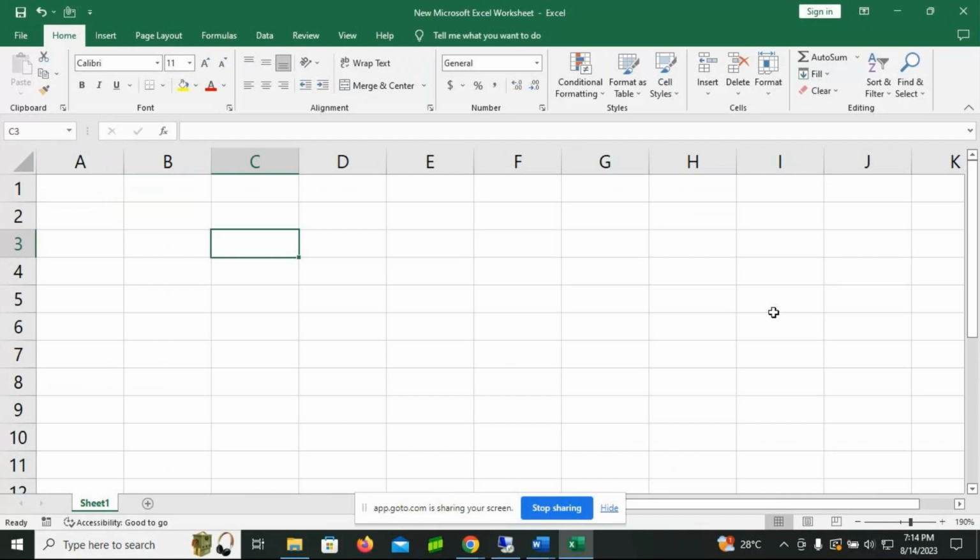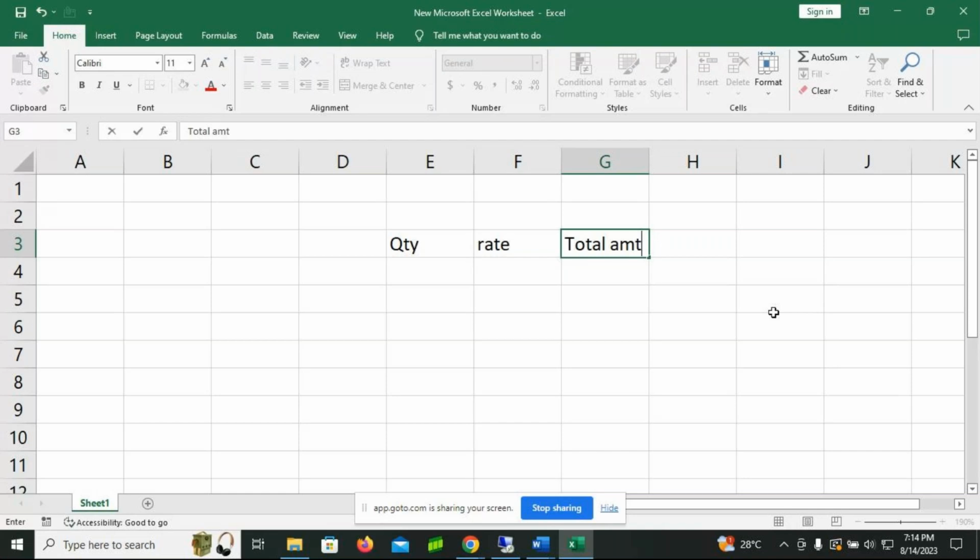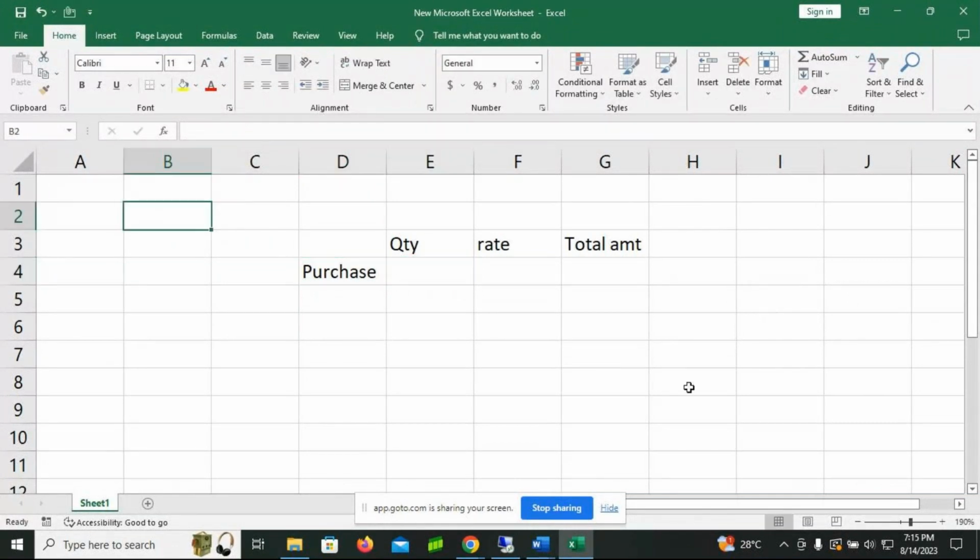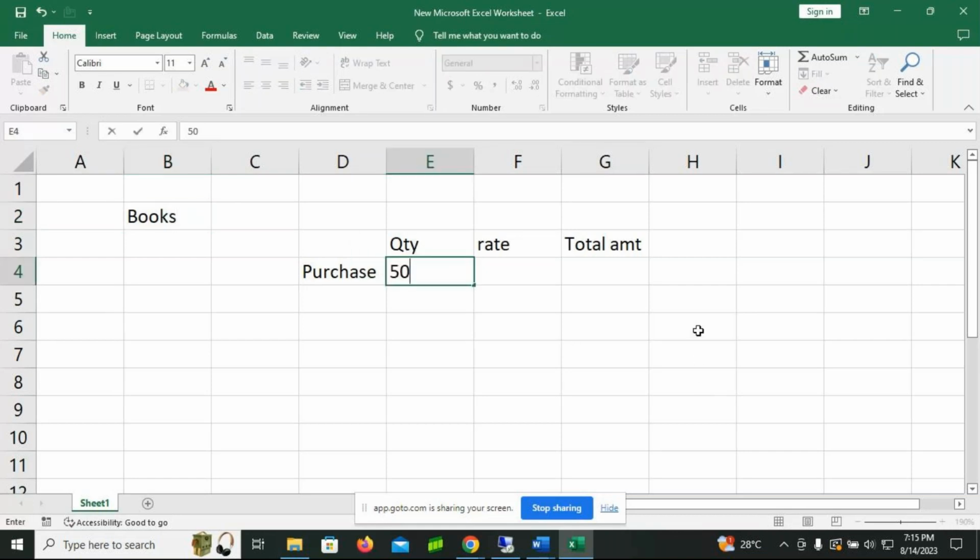So it is quantity, rate and total amount. So I'm going to make the purchase. I'm going to buy 50. Let's consider it has books. So I'm going to buy 50 books at the rate of 100 rupees, so the total amount will be 50 into 100, that is 5000.